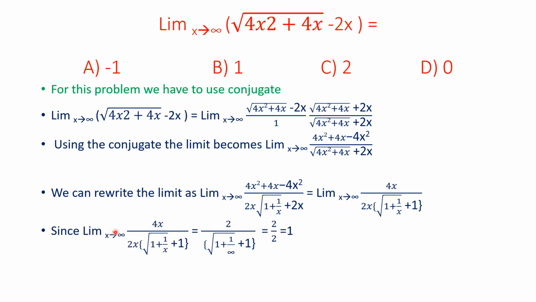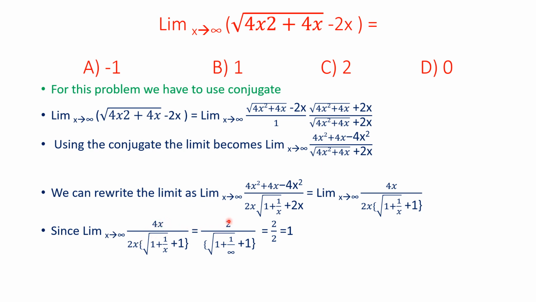So we can take the limit of 4x divided by 2x, and then between the curly brackets we have square root of 1 plus 1 over x, plus 1. Like we said, we can cancel the x in the numerator with the x in the denominator.